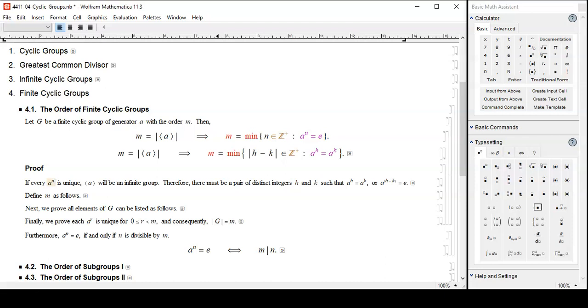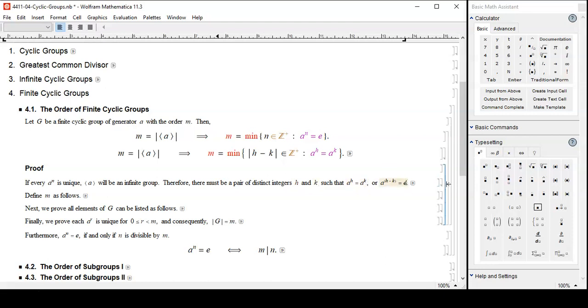If every a to the n power is unique, if they're all different, then you're going to get an infinite cyclic group. So that's not what we want. We have a finite cyclic group, so they are not going to be all unique. In other words, there are two different integers h and k so that the powers are the same.